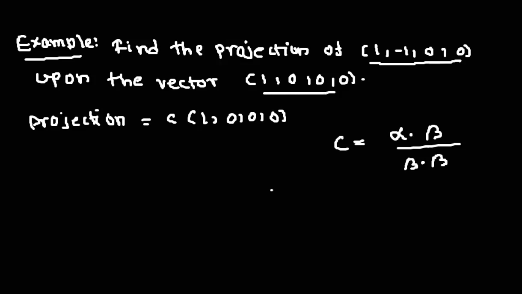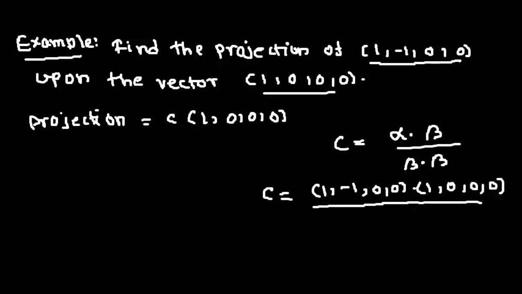So C is going to be 1, -1, 0, 0 dot 1, 0, 0, 0 by 1, 0, 0, 0 dot 1, 0, 0, 0. And this is a scalar, with component-wise multiplication.